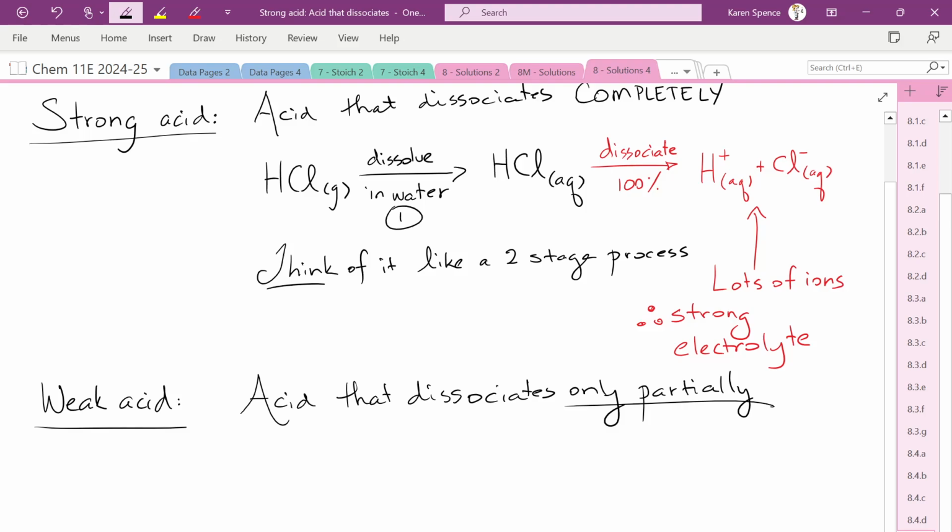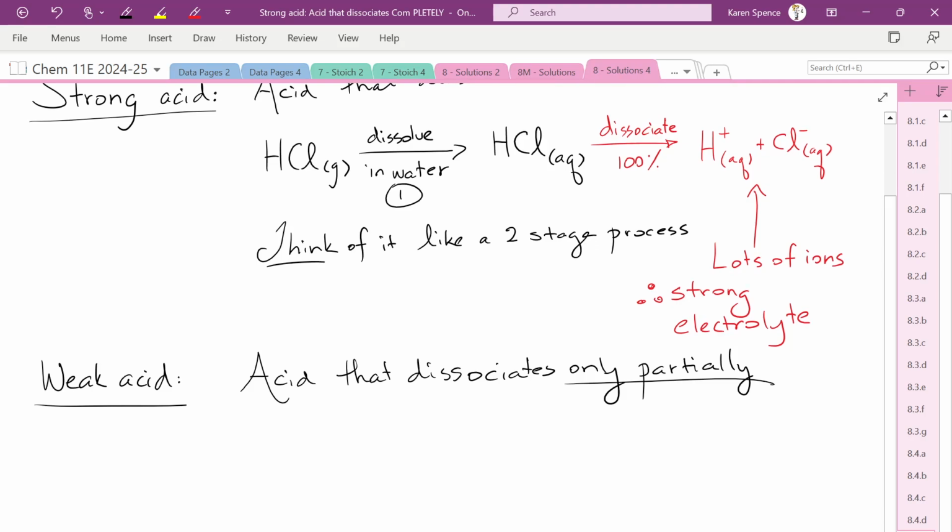And this one does actually kind of go through a two-step process, okay? I guess maybe the strong acid does as well, but it happens so fast that it might as well be all happening at the same time. So we might have HF, which is a weak acid, and we dissolve it in water.